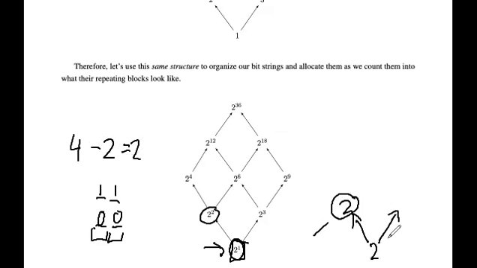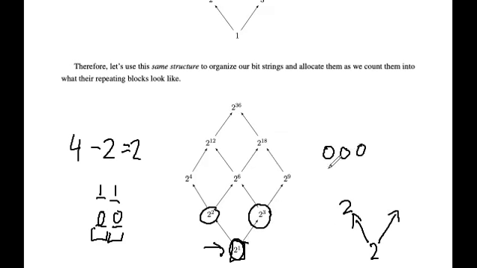Okay, so now let's consider the number of strings of size 3. Now, strings of size 3, the only size of repeating block that you could have is size 1. And the ones of size 1 determine the 2 issues.